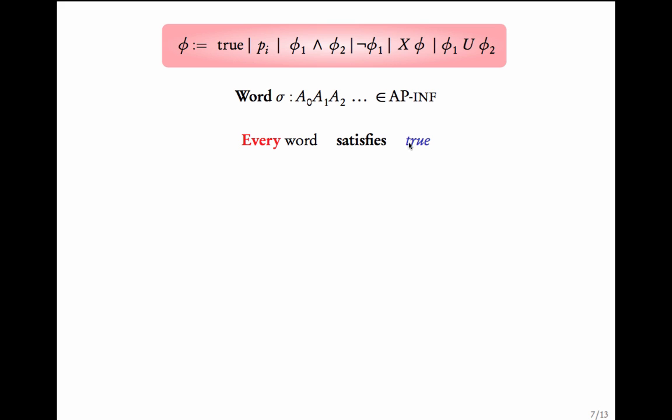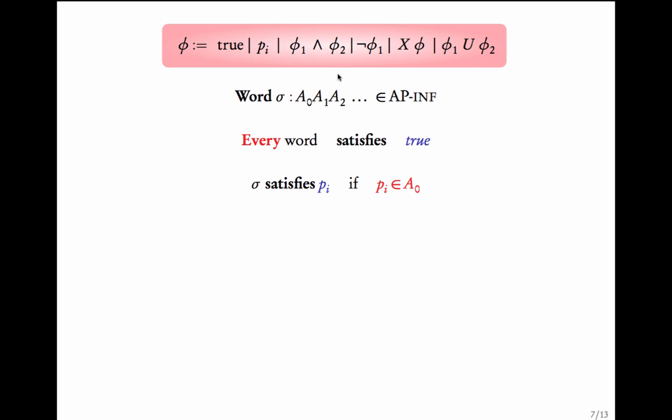Okay. What about pi? Sigma satisfies pi if the first letter contains pi. We saw this in the last module. Here is the precise definition. Sigma satisfies pi if the atomic proposition pi is present in A0.